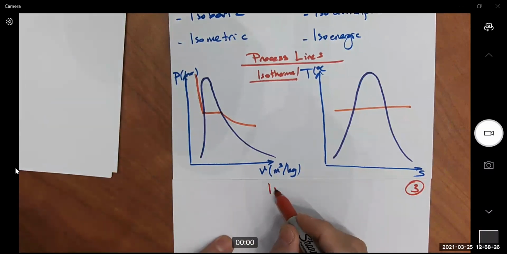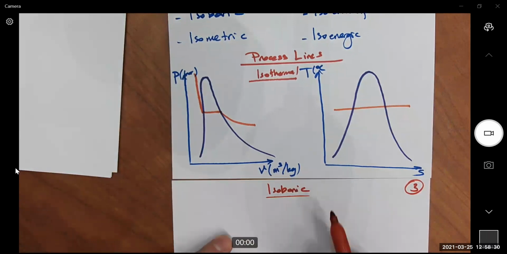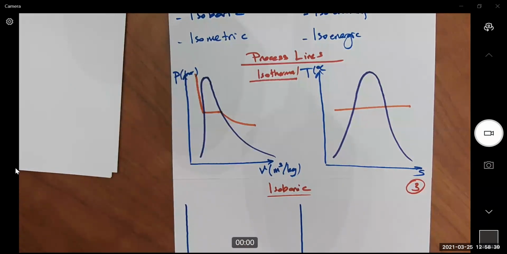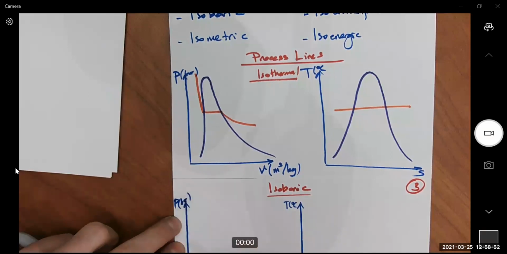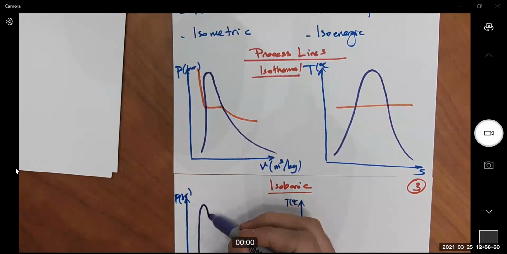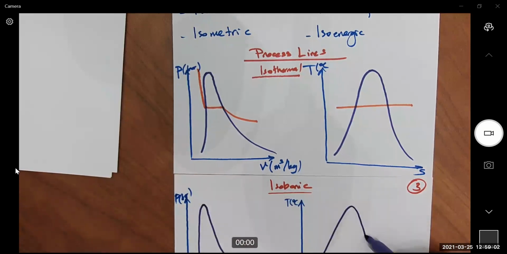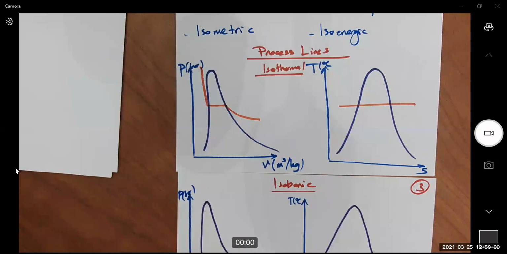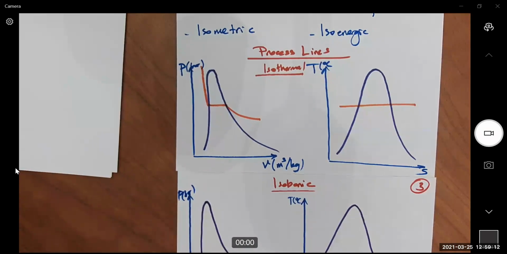Second one, isobaric. I assume you know how pressure looks on a PV diagram, right?